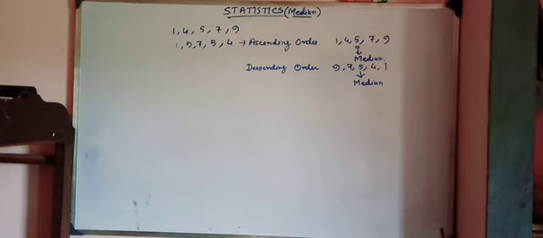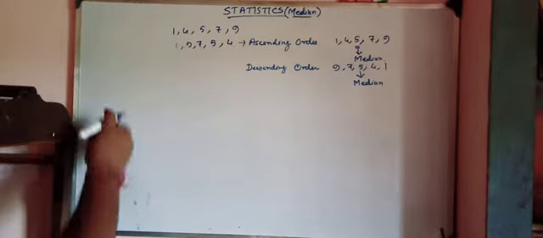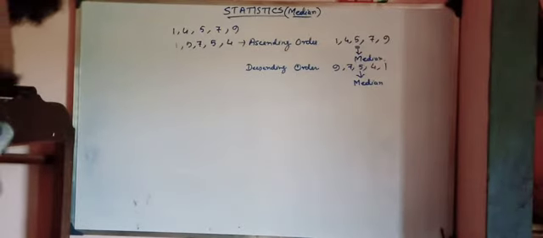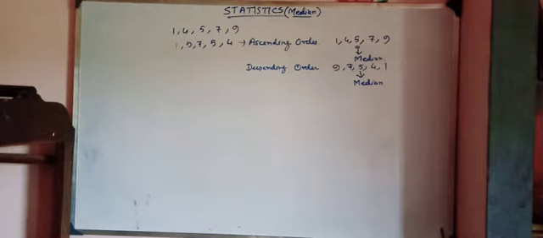Now we have to find the median by using a method. What is the method of finding the median? We have to arrange the data in increasing or decreasing order of magnitude.